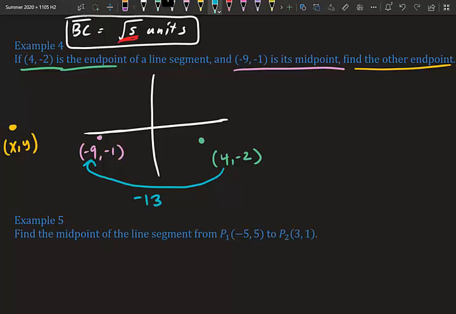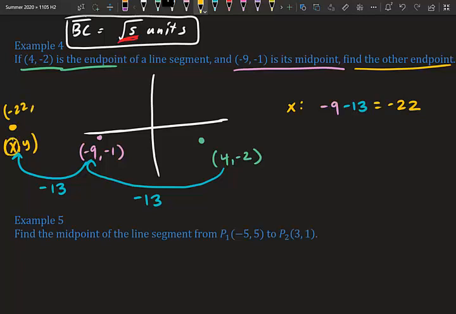So if this distance here to here is -13 with the x's, isn't this distance right here another -13? So -9 minus 13, we get -22. That's the x of the other endpoint. We found the x. So this would be -22.